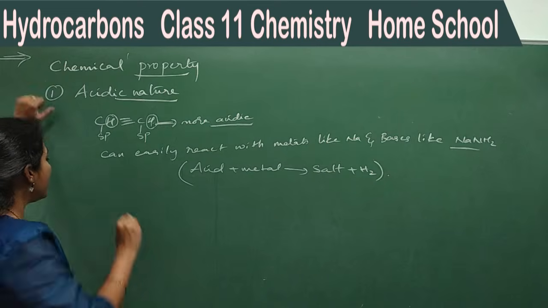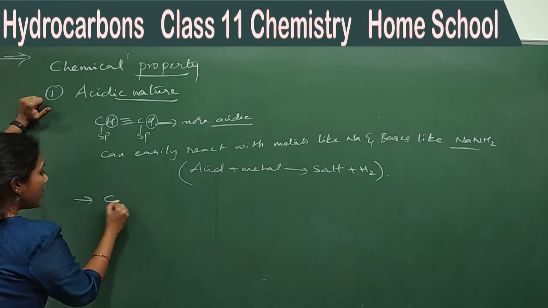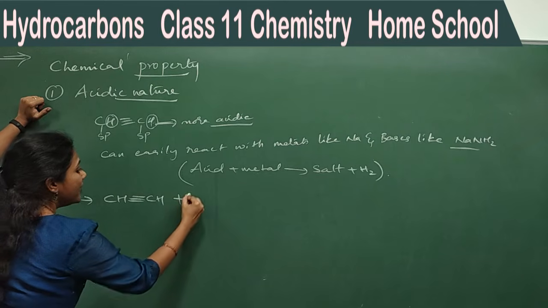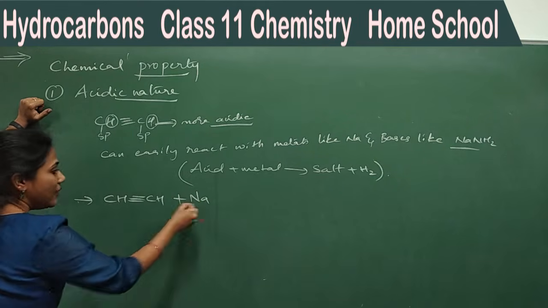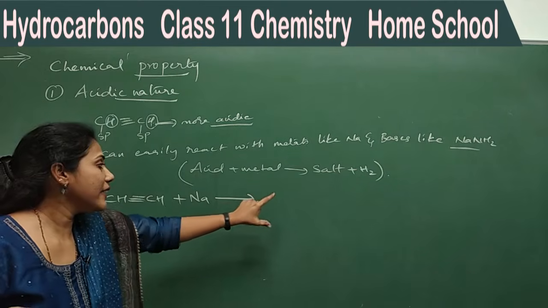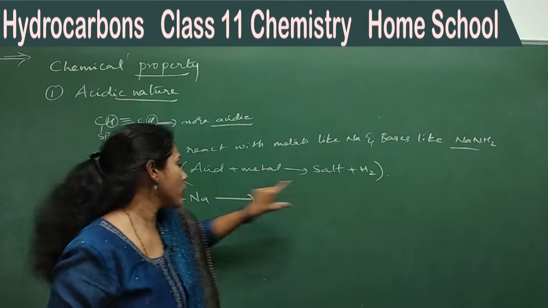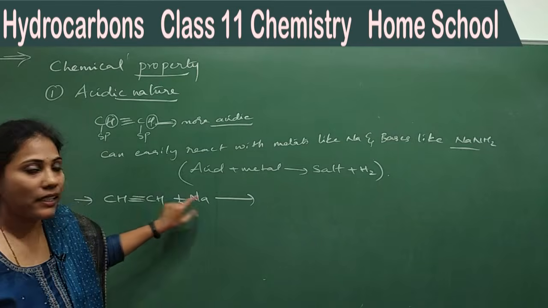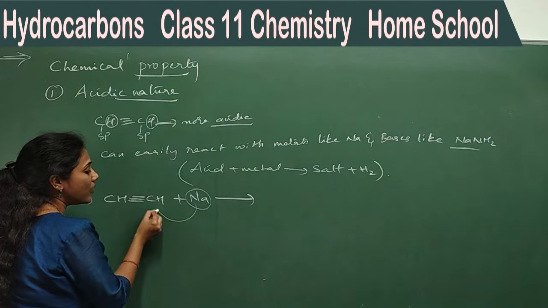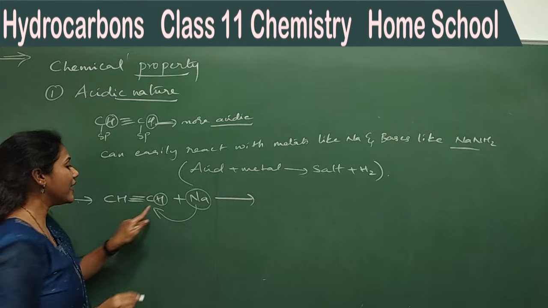Let's see the examples now. Suppose I have CH triple bond CH and I treat this acetylene with sodium. What compounds can I get here? I should get salt and hydrogen, because this is acidic and this is a metal. I have taken one sodium, so one sodium will replace one acidic hydrogen.